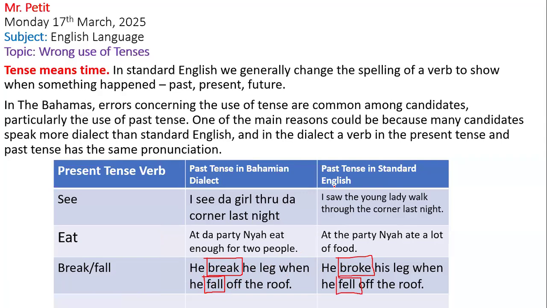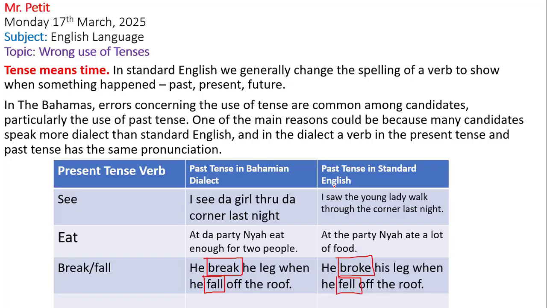Okay, good. So what I'm gonna do, what time is it? It is 8:28. Okay, good. So what I'm gonna do, I'm going to write a story, and then I want you to rewrite it so that all of the past tense is in the right way. Okay. All right.